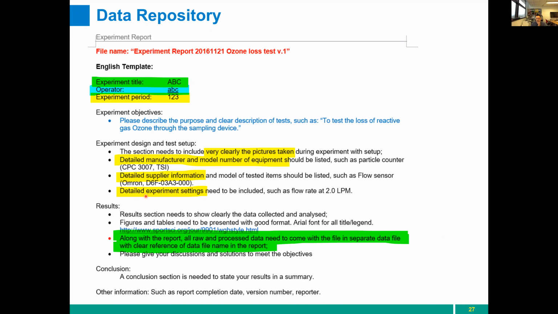The reason for this is there is a famous saying, the devil is in the details, right? You have to be really sensitive to the details. For example, in our research we deal with a lot of sensors, and the sensors are very sensitive to the environment: temperature, humidity, even the wind and the flow.